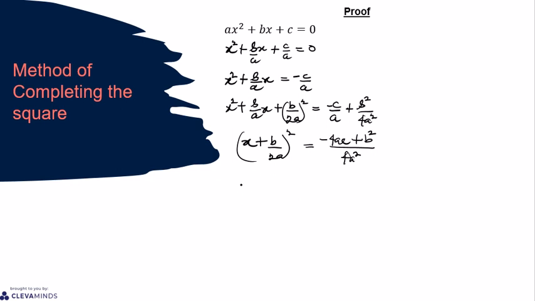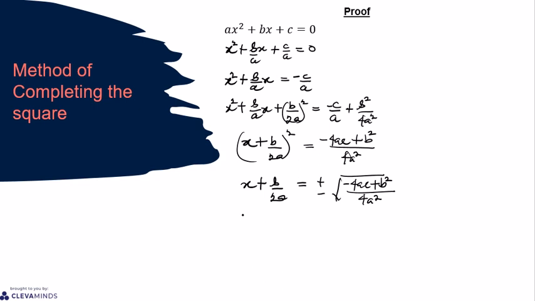We have x plus b over 2a, right, equals, whenever you are taking the square root of the one on the right hand side, it must include plus or minus. Yes, the square root of negative 4ac plus b squared over what? 4a squared. Are you there now? Good.